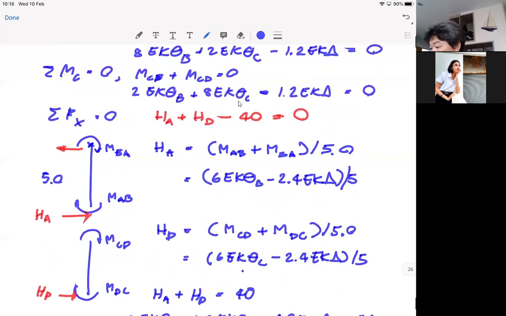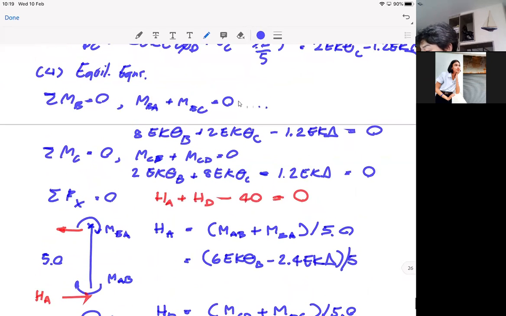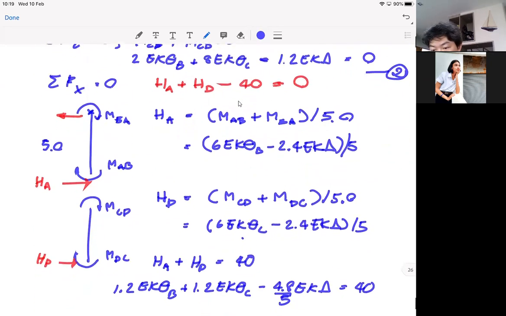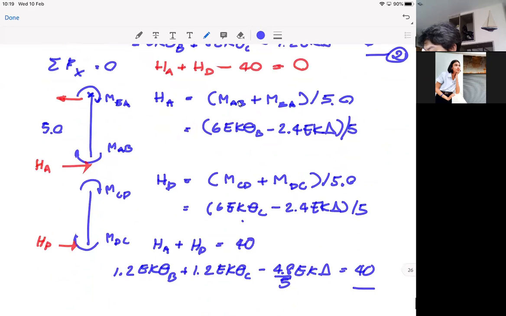Okay, so I have my equation number 1 here, equation number 2 here, equation number 3 here.